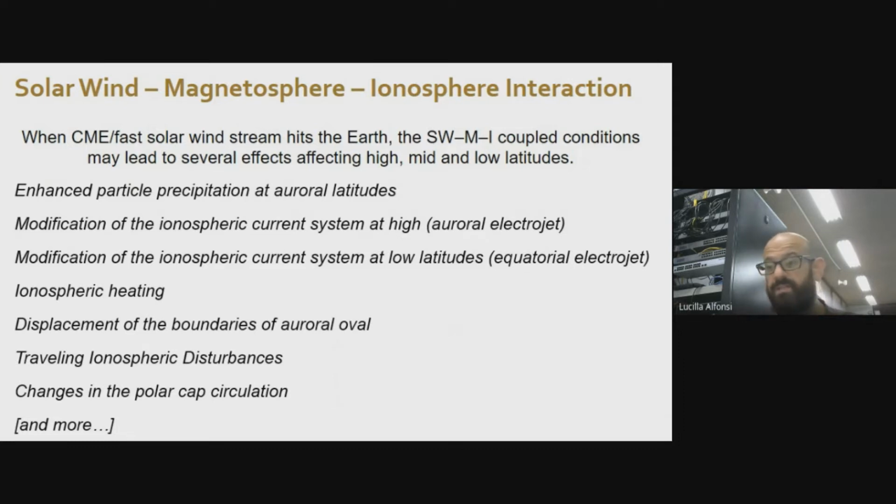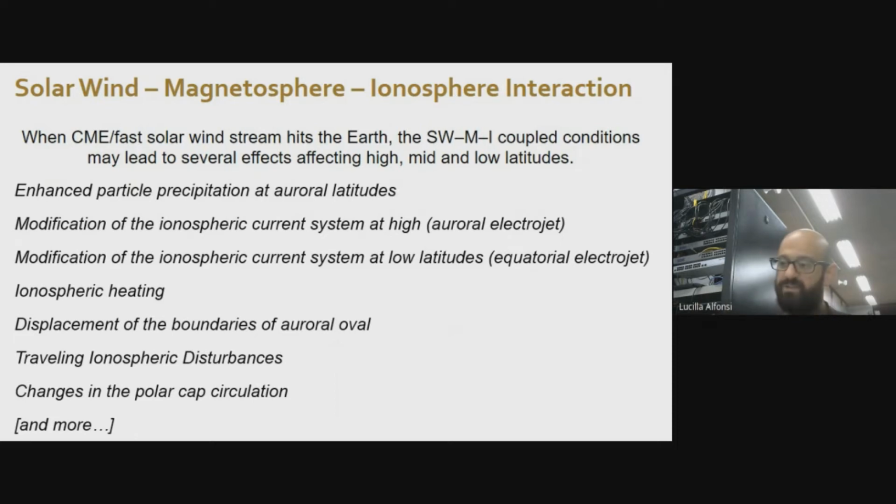We have the displacement of the boundaries of the auroral oval, as Marco Guerra was saying during the first day. During a geomagnetic storm, the interaction between the solar wind and the magnetosphere can modify the morphology of the magnetosphere, leading to an equatorward movement of the boundaries of the auroral oval.